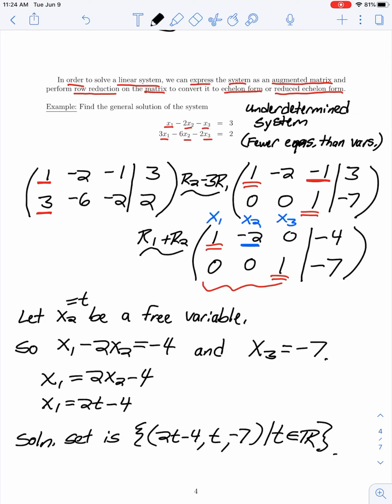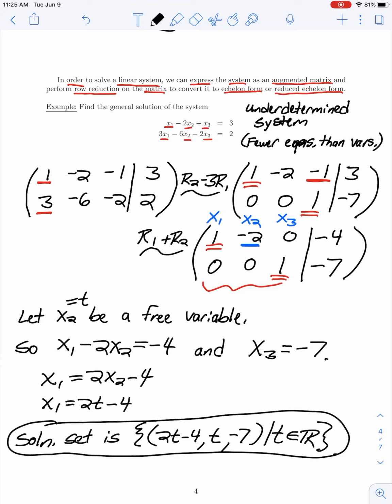So here we have infinitely many solutions, and in fact, most of the time when we're working with underdetermined systems, we will have infinitely many solutions. More often than not, when we have fewer equations than variables, one of our variables will be free. So here, this underdetermined system has infinitely many solutions, which are of the following form.